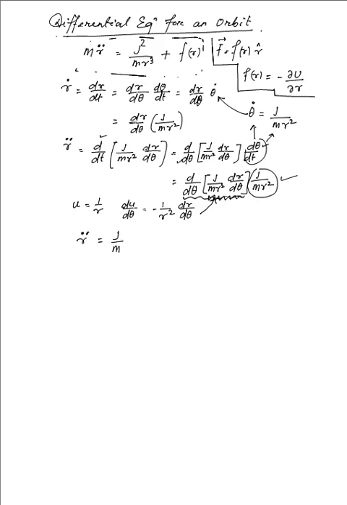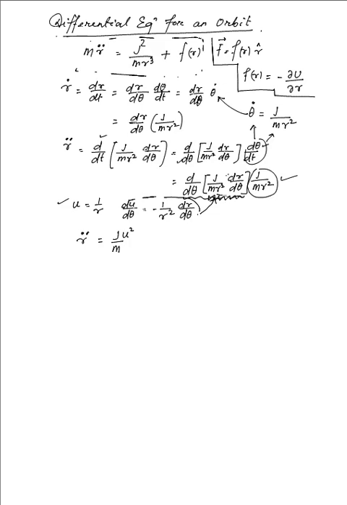But instead of the r squared, remember 1 by r is u now, so instead of that r squared in the denominator, we have u squared in the numerator. And to top it, we have the minus sign coming from inside with this du by d theta. Now remember, this will be 1 by r squared, 1 by r squared.